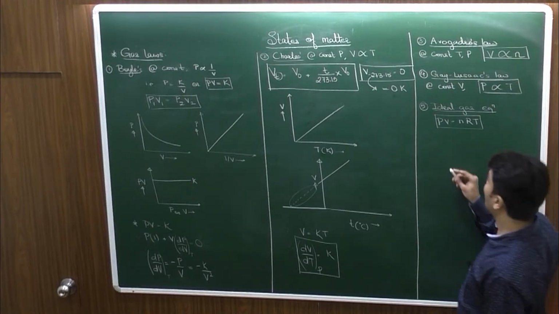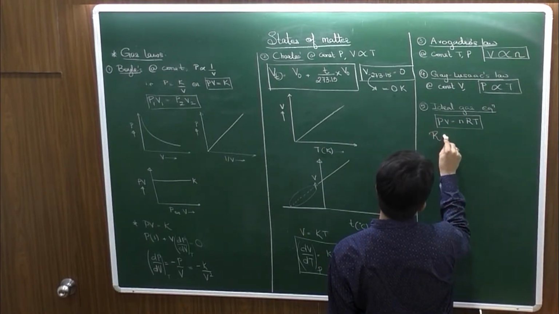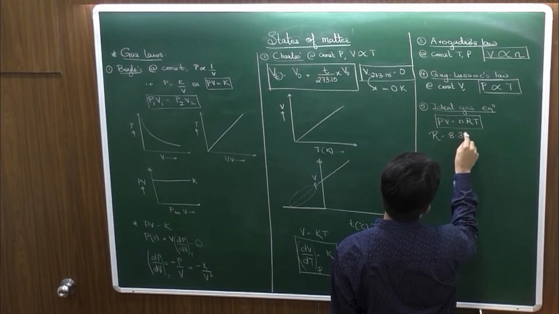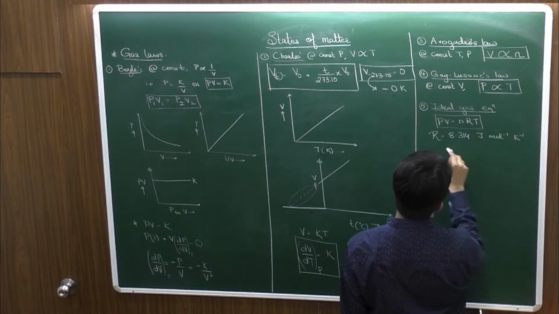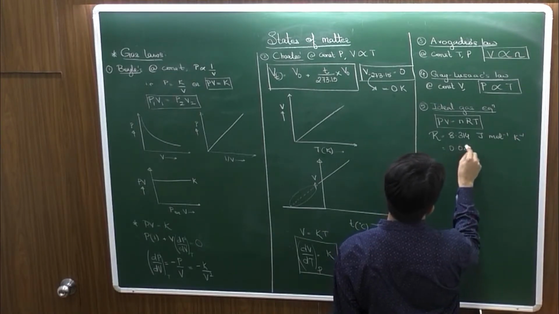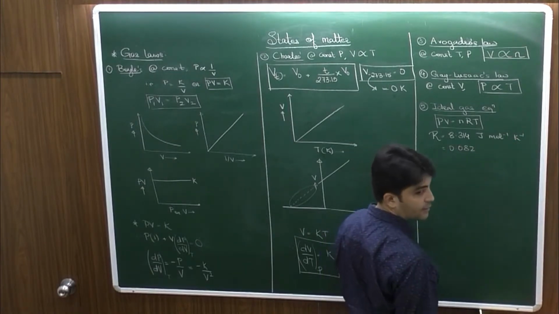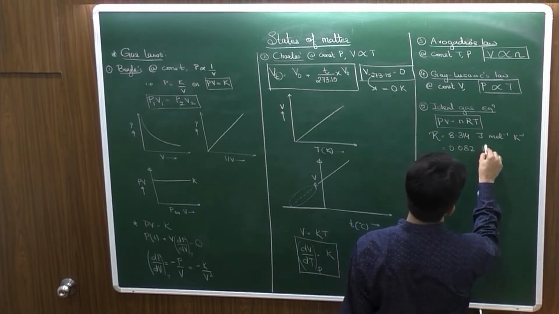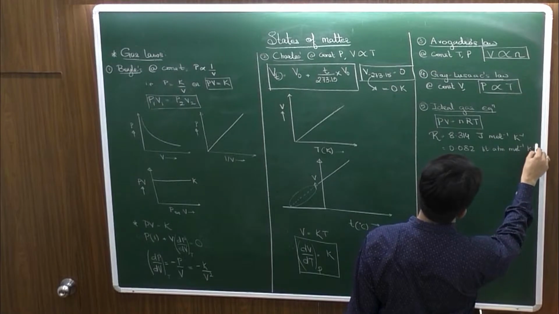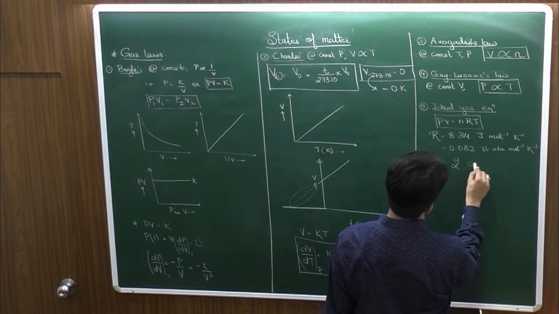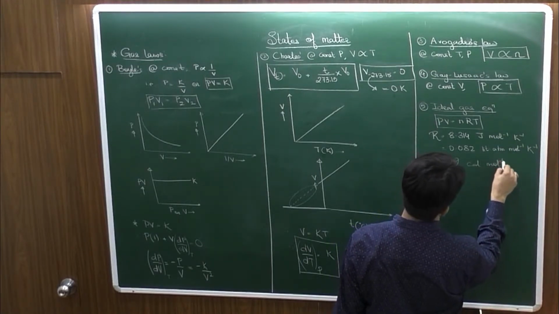Now the value of R will be equal to 8.314 in the SI unit of joule per mole per Kelvin, and 0.08206, which can be approximately taken as 0.082 liter atmosphere per mole per Kelvin, or it can be taken as 2 calories per mole per Kelvin.